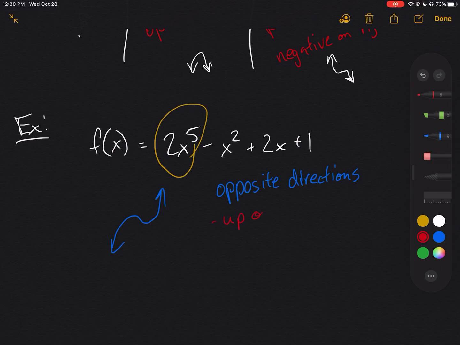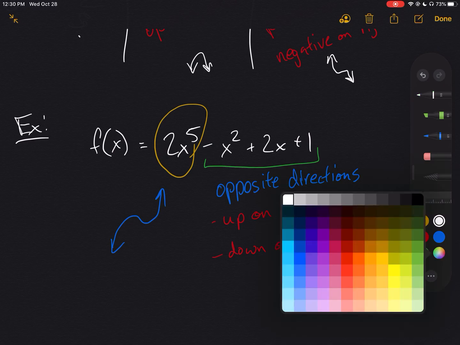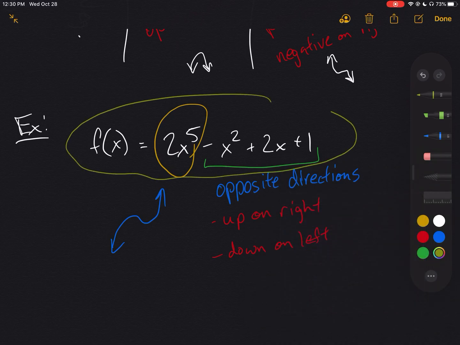Up on the right. Down on the left. Right. And you'll notice that I sort of just disregarded this portion right here when I'm talking about end behavior, right? So in the next video, we'll talk about graphing and sort of starting to care about the whole parabola in its entirety. But for now, we're just going to look at end behavior.